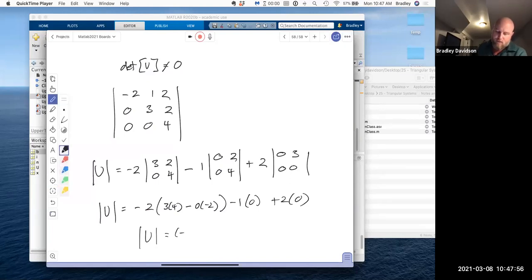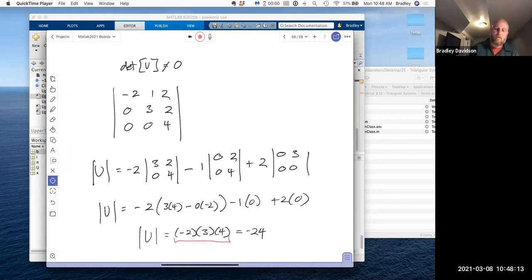So we get -2 multiplied times 3 multiplied times 4, which gives us 24. But the important part here is that these three numbers, -2 and 3 and 4, are found in the diagonal of this triangular matrix. And so it's just the elements that are multiplied times each other that gives us the determinant of the matrix. And so whenever you have a triangular matrix, whether it's diagonal, upper triangular, or lower triangular, to get the determinant, you're always going to be permitted to just multiply through.